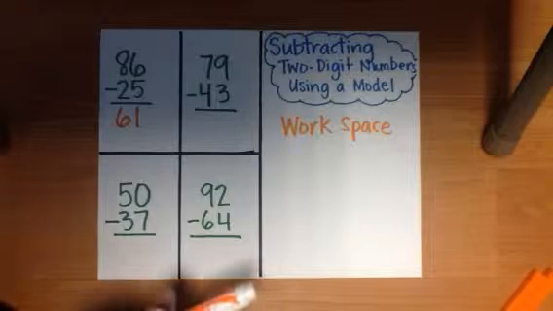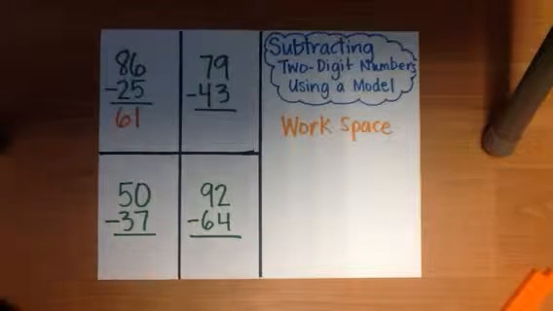79 minus 43. Now, if you think you can handle that on your own, go ahead and pause the video and do it on your own, and then just hit play once you have the answer. All right, to make 79, how many tens do we need? We'll need 7 tens.